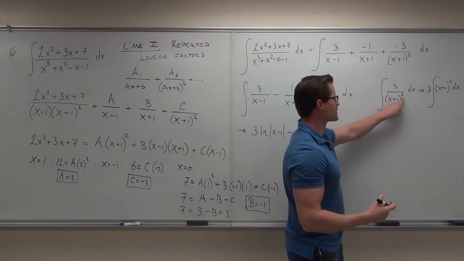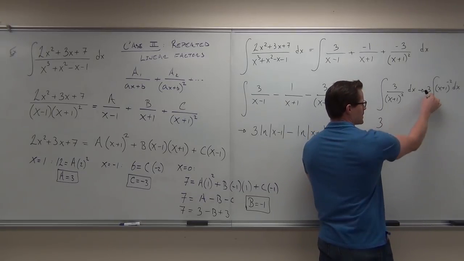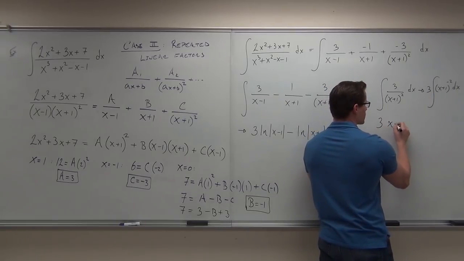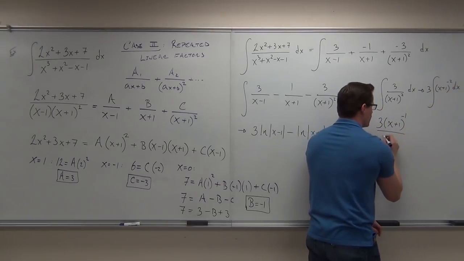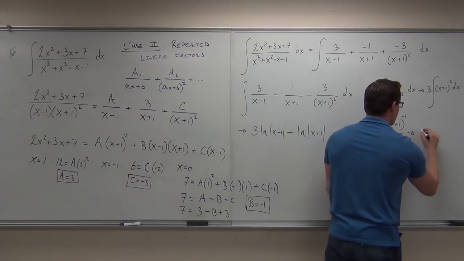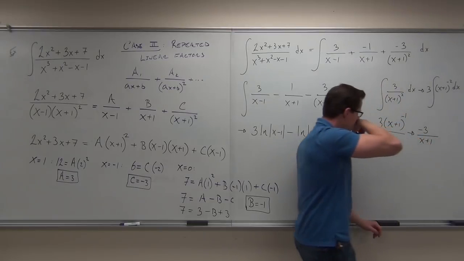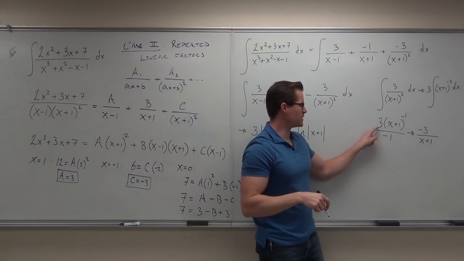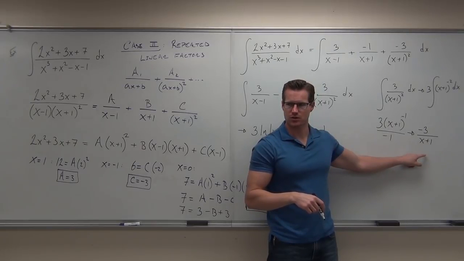Hey, that's a power. That's a -2. So when we do this, we have 3 because of our constant. We'd have x plus 1 to the -1 because you add 1, and then you divide by -1 because you divide by your new exponent. What that would become is -3 over x plus 1. I want to verify that you guys are okay with this. This would be -3 over x plus 1. Yes, no? You sure?